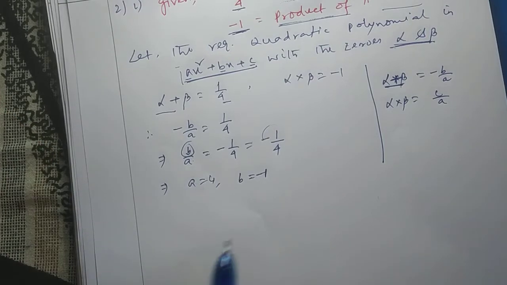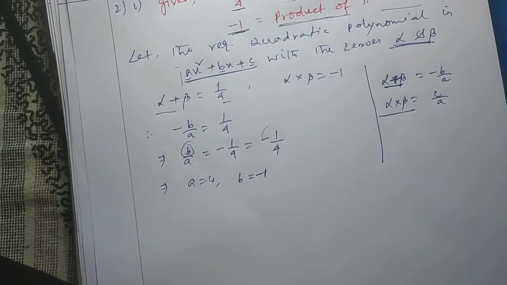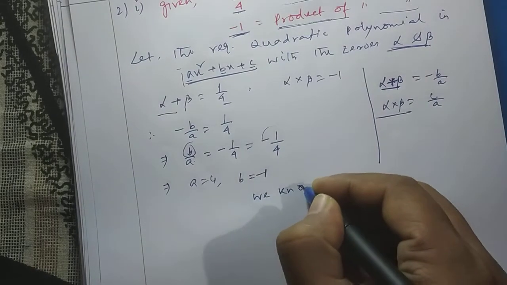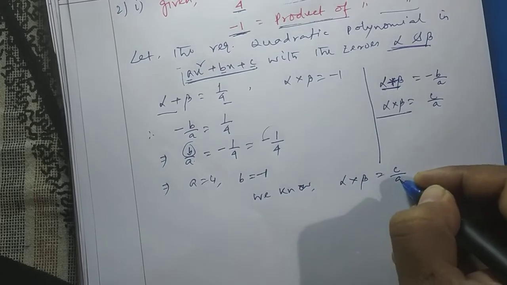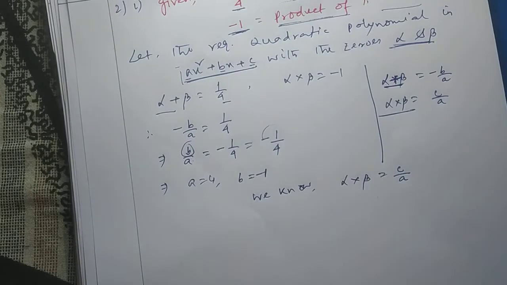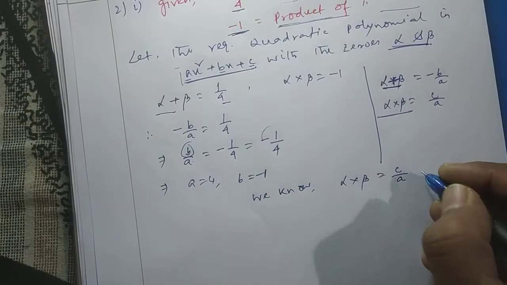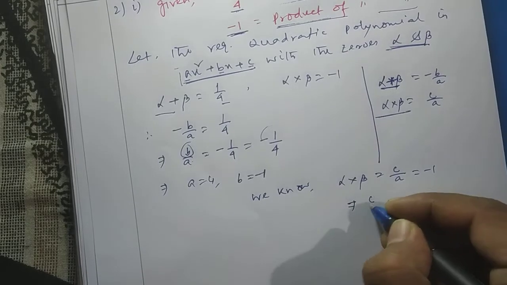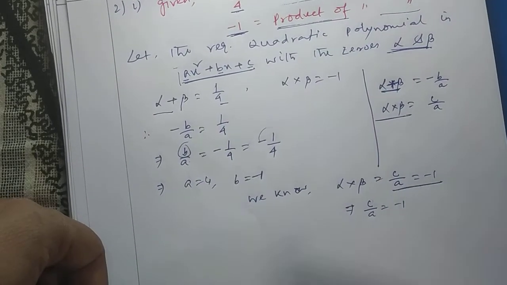So how to find the value of c? To find the value of c, let us use one more relation. We know alpha into beta equal to c by a. Correct? Already alpha into beta is mentioned, that is minus 1. So we can say from here c by a equal to minus 1. Correct?